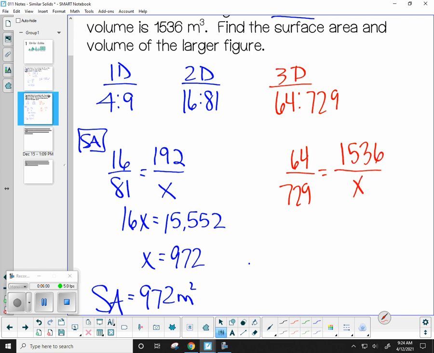I'm going to solve for the volume of the larger. So I have 64x equals 1,119,744. Divide that by 64. So I have 17,496, and that's my volume, right? So that'd be cubic meters.